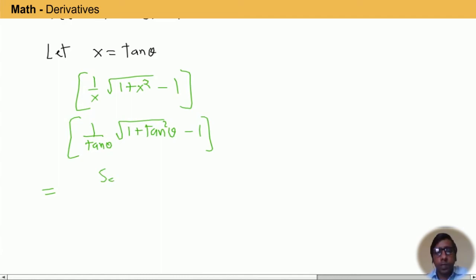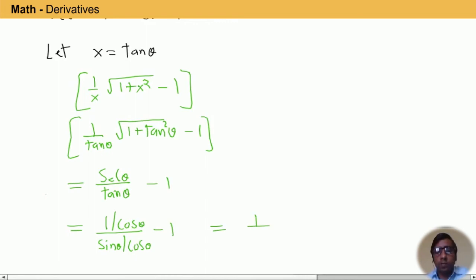So sec theta divided by tan theta minus 1. This sec theta can be written as 1 over cos theta, and this tan theta can be written as sin theta over cos theta, minus 1. After further simplification, we can simplify this as 1 over sin theta minus 1.